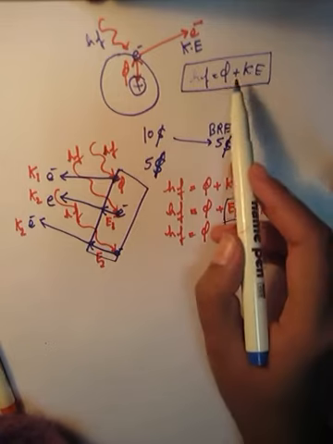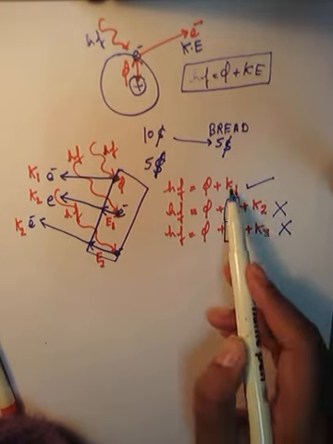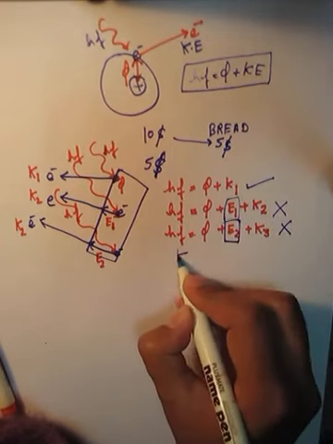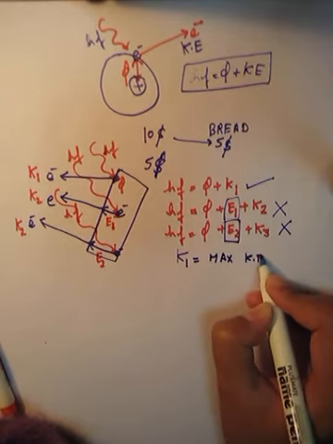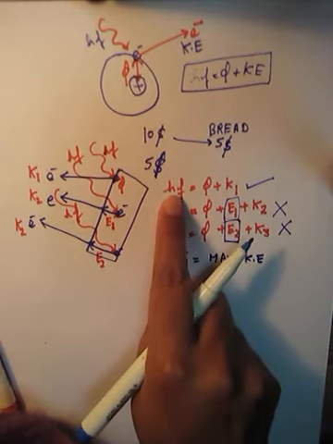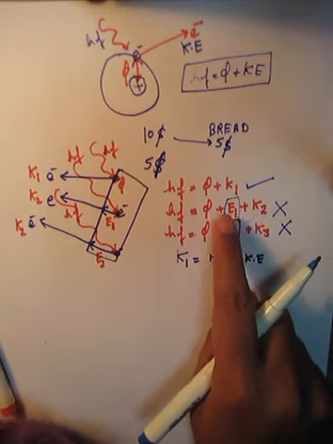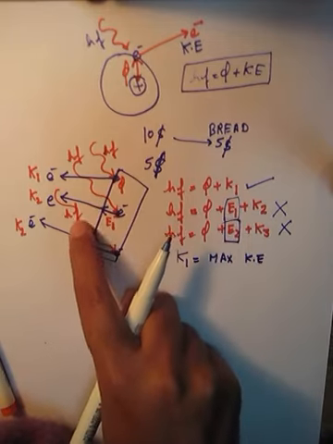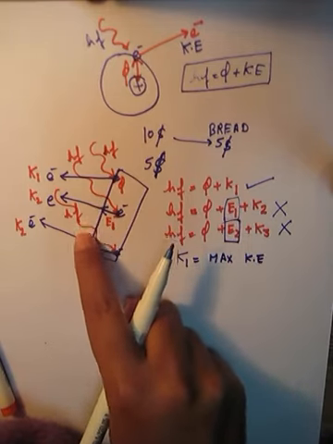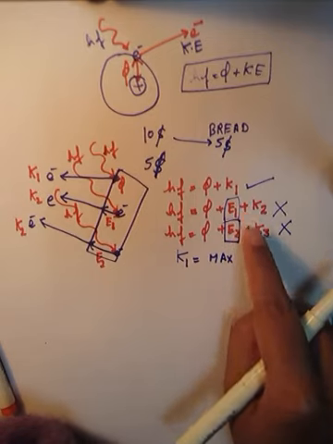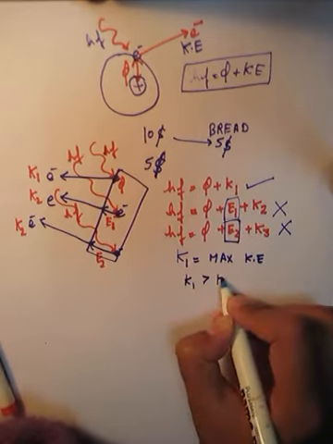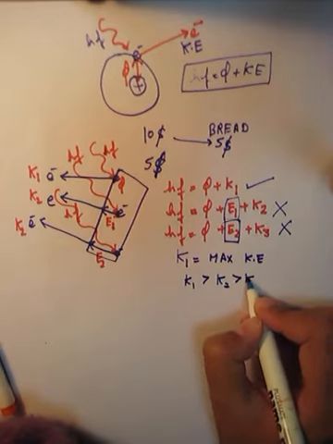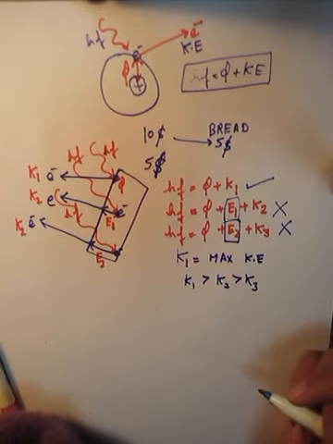Now when we are talking about these kinetic energies, K1 will be the maximum kinetic energy, because this is the initial total energy, and the K2 and K3 electrons lose energy when they come out. So K1 will be greater than K2, which will be greater than K3.